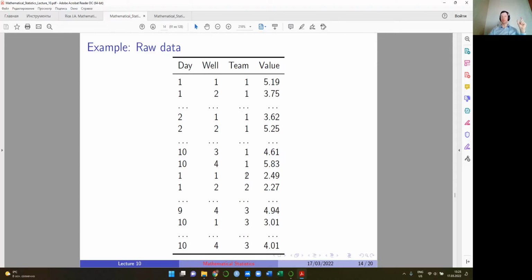Then you switch to the second team. Well 1, second team that much, well 2, second team that much, and so on. Then you do these recordings. So of course I cannot show you the whole table of 1200 observations, but I hope you understand the logic of this. Is this clear what is going on?